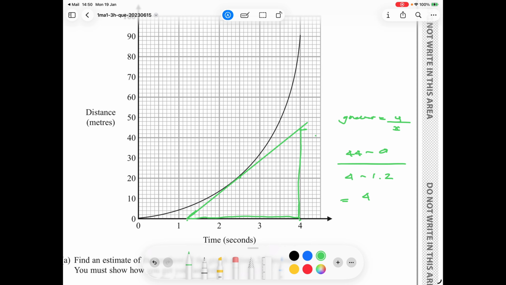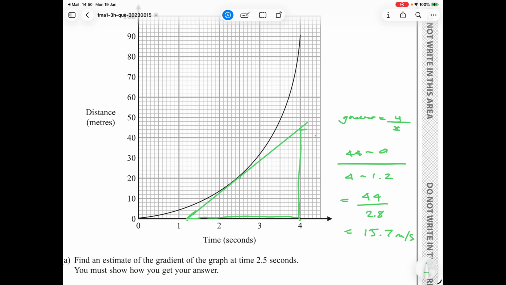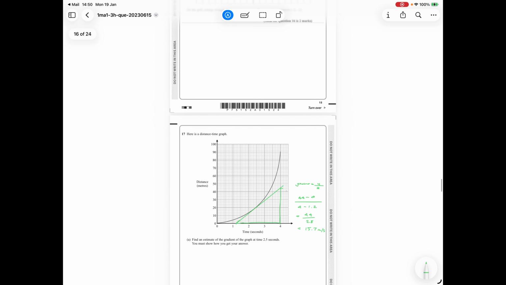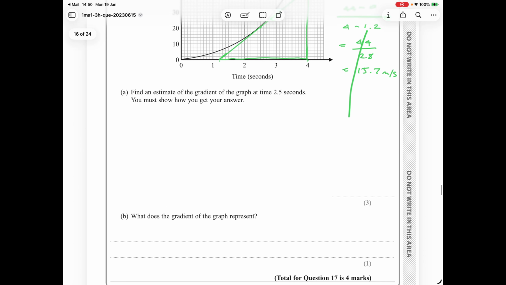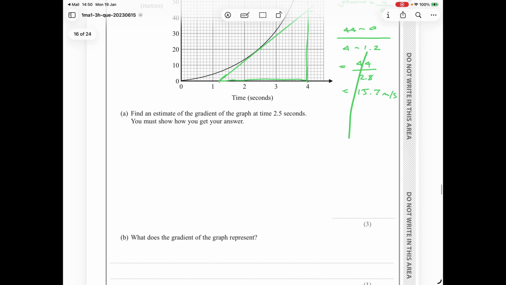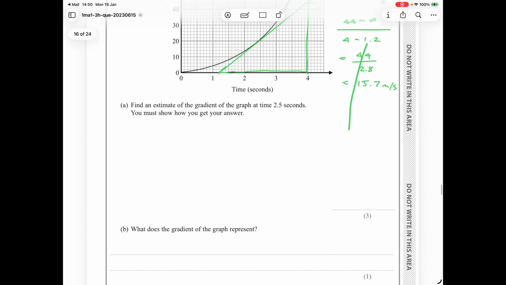That's 44 over 2.8, so the gradient is 15.7-ish, and that's metres per second. That's quite fast at that point, but it gets faster, obviously. I think that's what they mean by you can show how you get your answer. What's the gradient represent? Oh, well, it represents how fast you're going, speed.